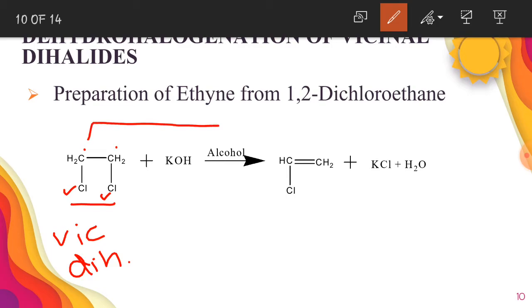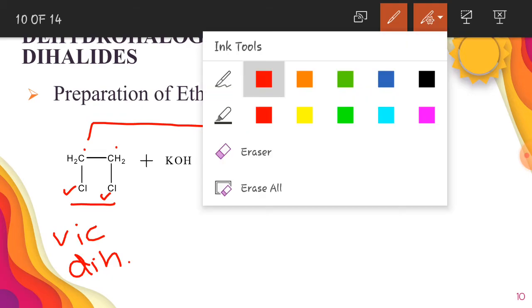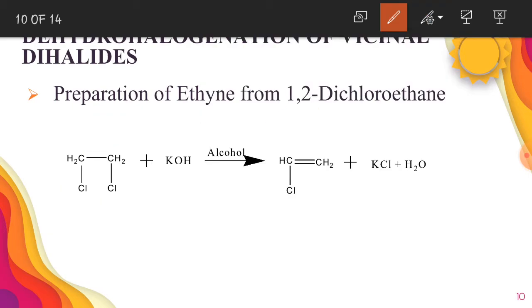Other name of this compound is 1,2-dichloroethane. Now what happens is that in the first step, this is step 1, I will simplify this 1,2-dichloroethane by writing it like this.